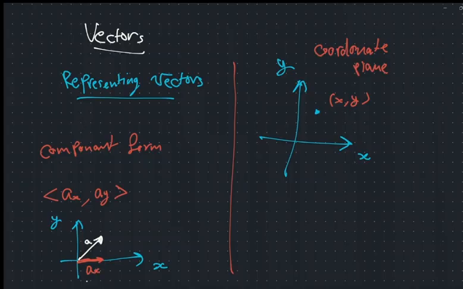We will calculate the component form here by finding the x projection, ax, and then the y projection, how much it went on the y. So this is here, and this is here. This is ay. And this is how we will represent the vector itself.